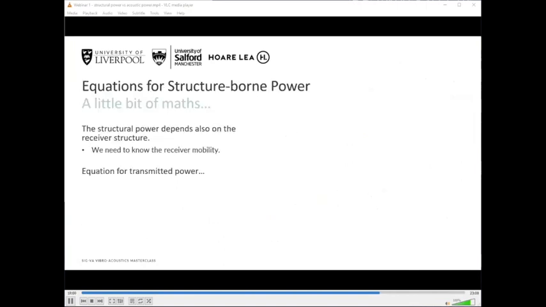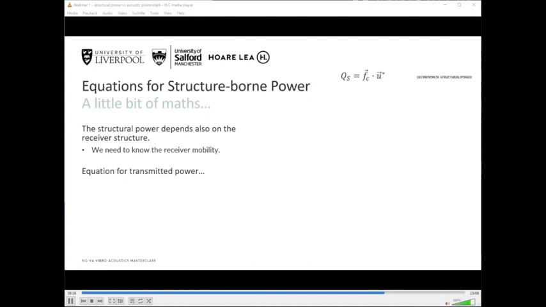So we're now at a stage where we can derive the structural power based on independent source and receiver properties. There are a few steps to get to the equation that we want. We start with the equation for structural power.